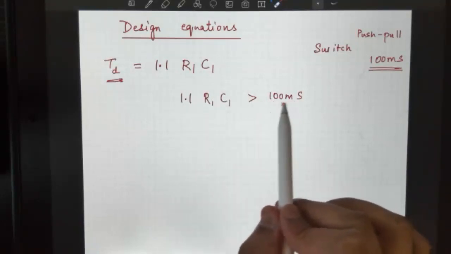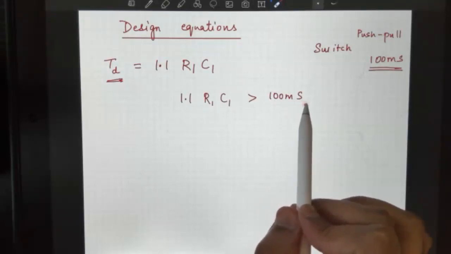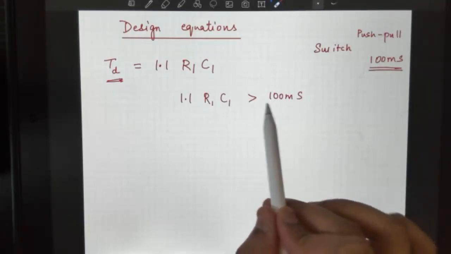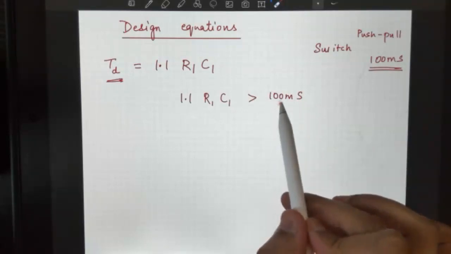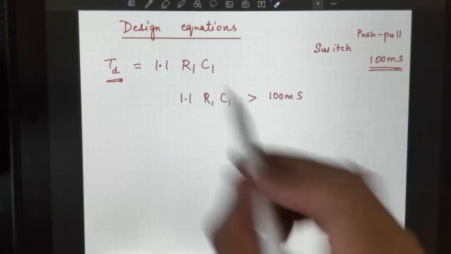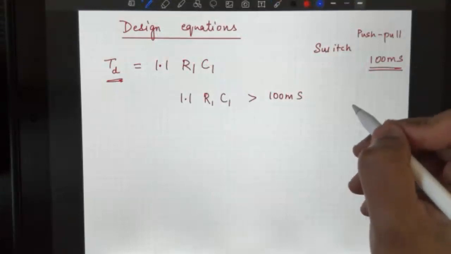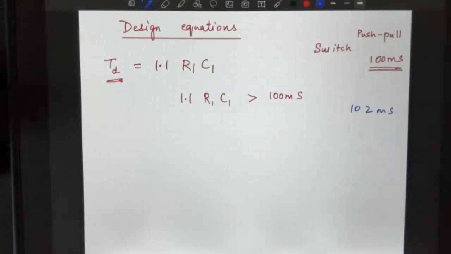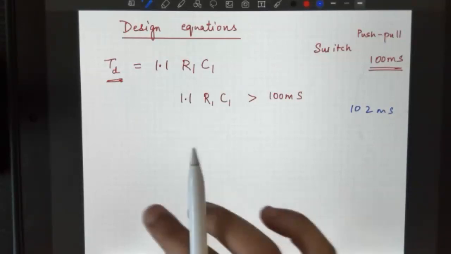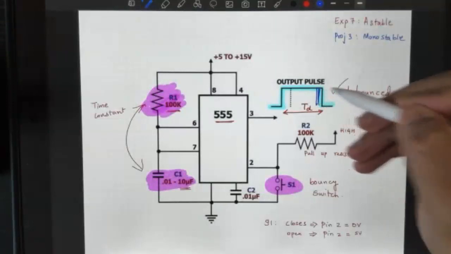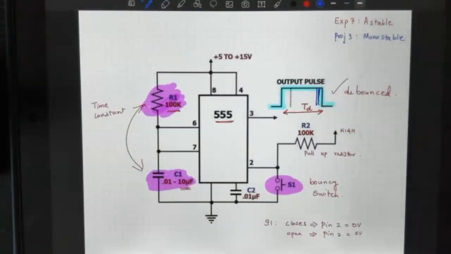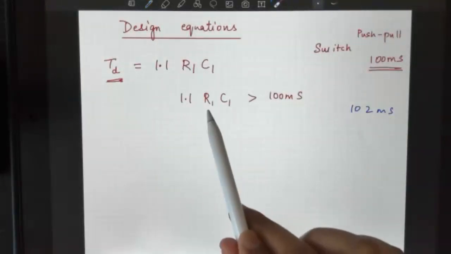But I want to be as close to 100 milliseconds as I possibly can. I don't want to go to 99, definitely not, but I don't want to go to 150. My ideal is going to be 102 milliseconds, not too far away from 100, but on the positive side. Because I want to come back down a little bit later, since I have a bigger problem with the bounce if I do it earlier.